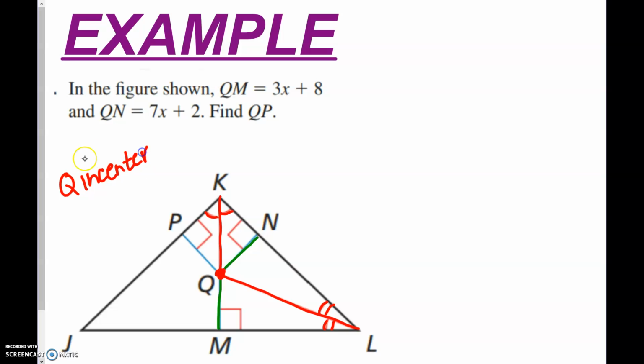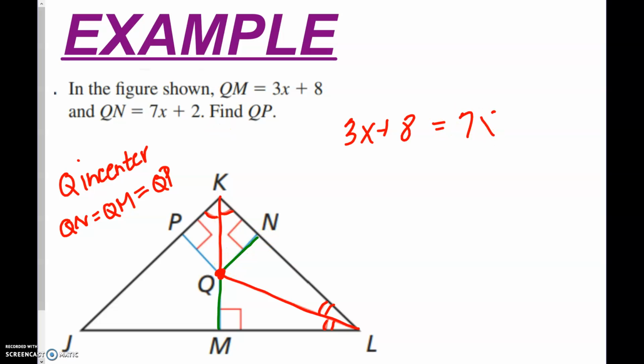If Q is the in-center, then QN is equal to QM, and it's equal to QP, because the distance to each one of those is going to be the same. So now they're saying QM is 3x plus 8, and QN is 7x plus 2. They must be equal because they go from the in-center to the side, so they have to be equal.